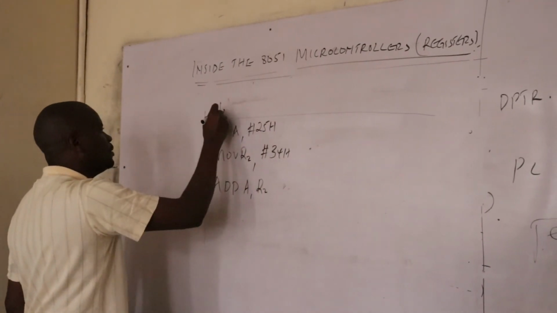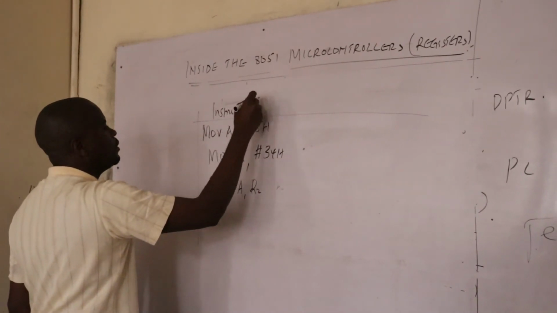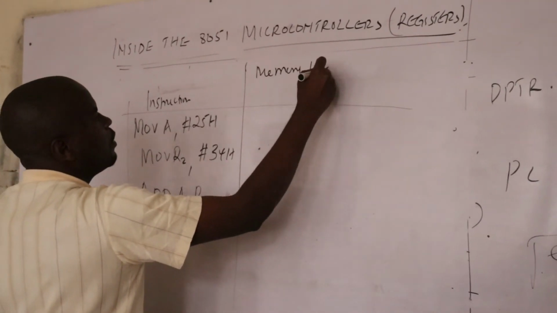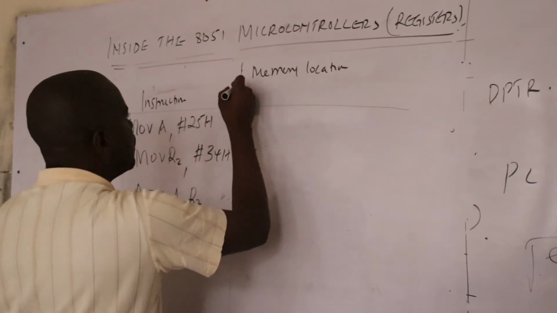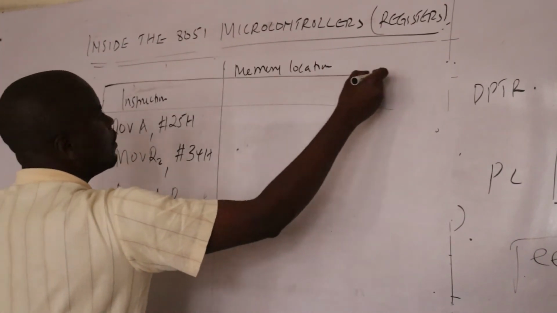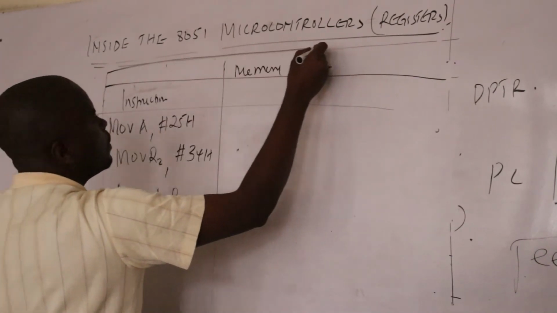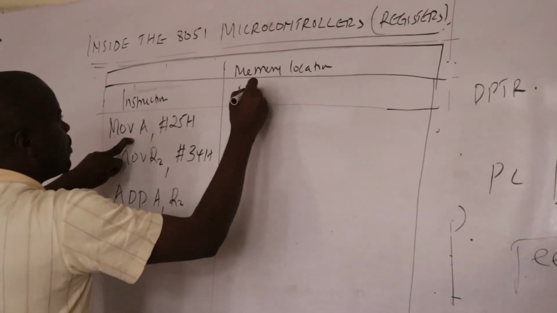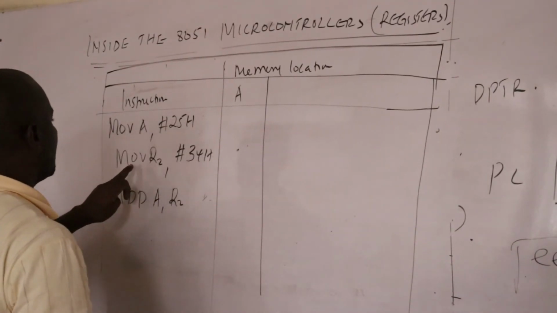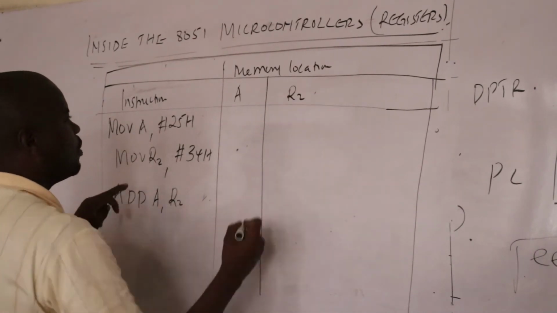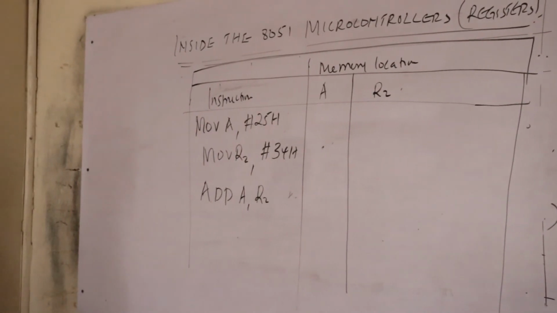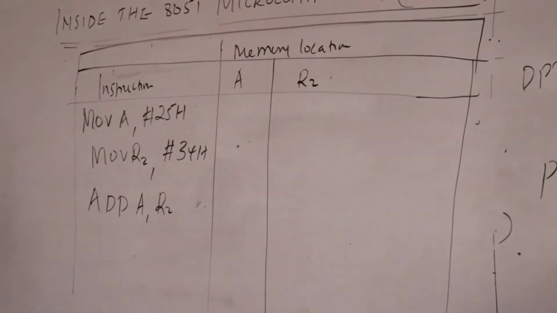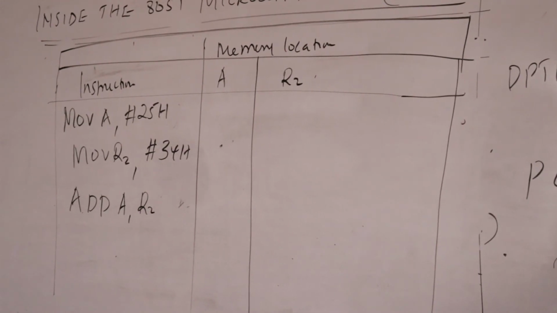On this side we have the instruction, then here we have the memory locations, that is the registers that are affected. The first is A, then we have R2. I think we only have two, A and R2.